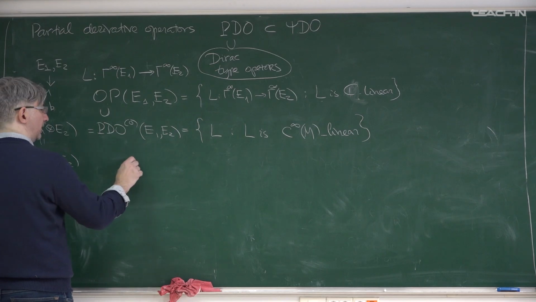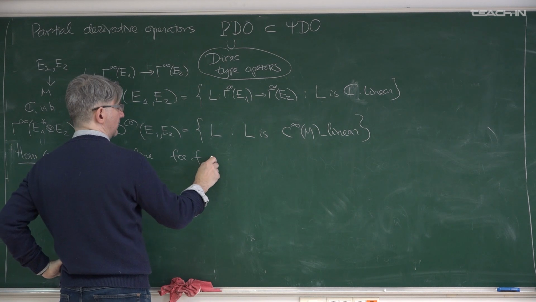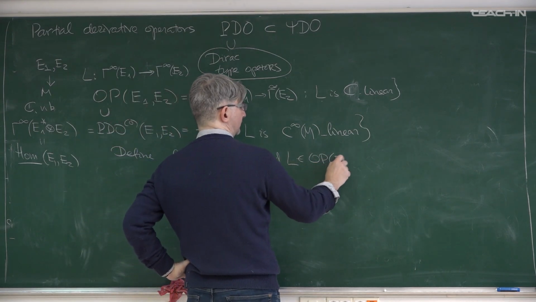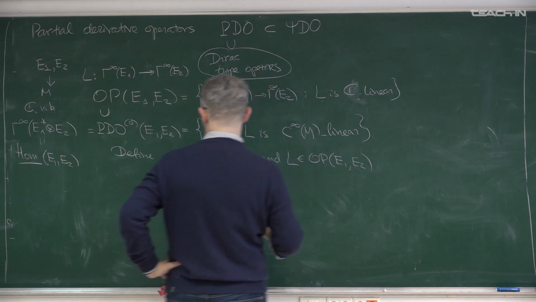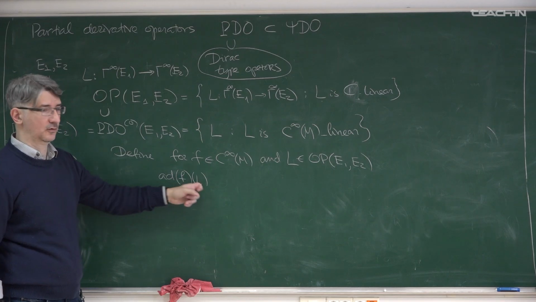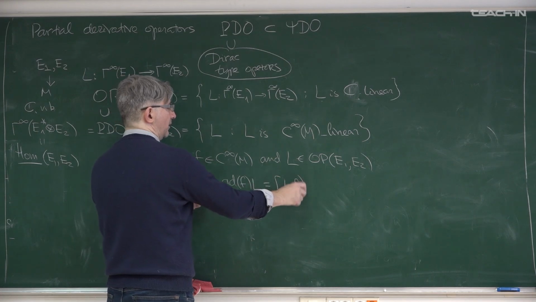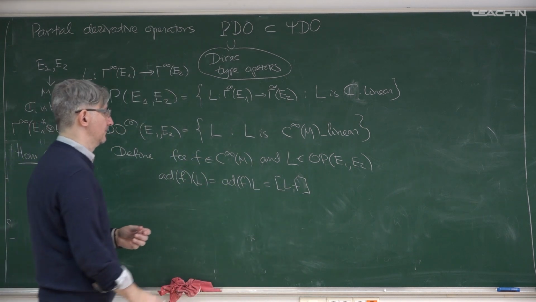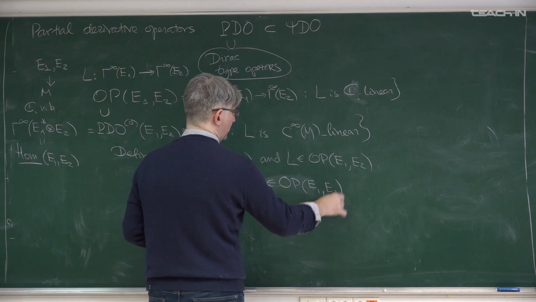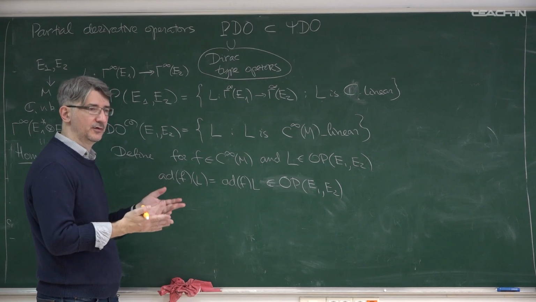Let me define, for F and L a linear operator, which I will define in this way: ad F on L, or sometimes I will write ad F L. It is just the commutator of L with F. To be more precise, it still belongs to Op from E1 to E2, but in some sense this operation lowers the order of L. I will write you a formula and examples, and you will see why this happens.